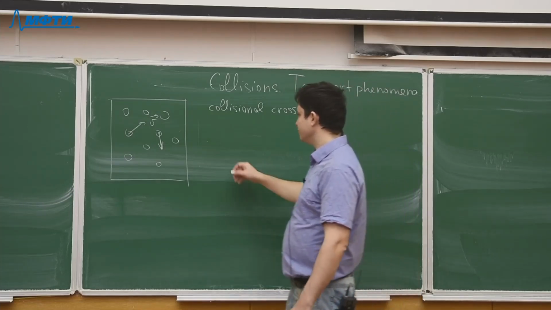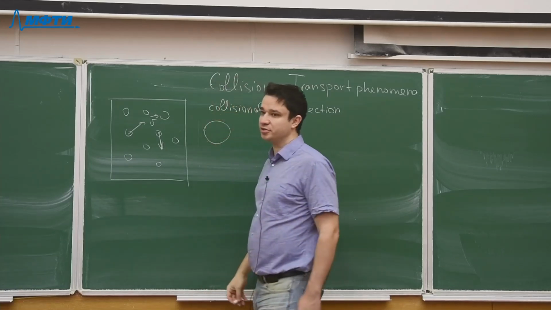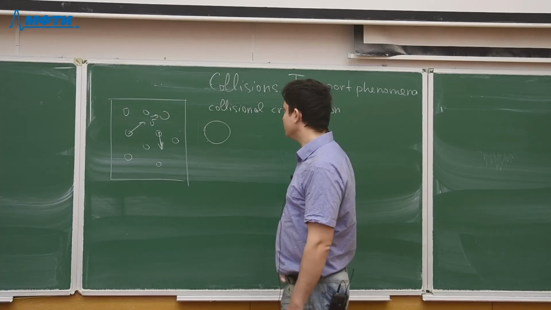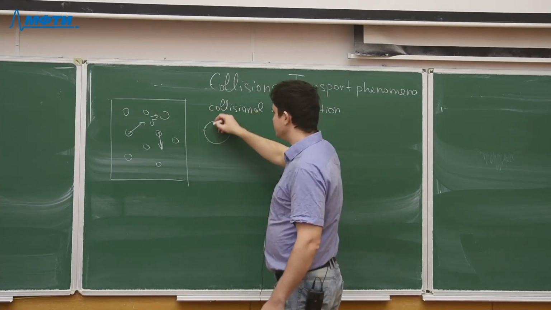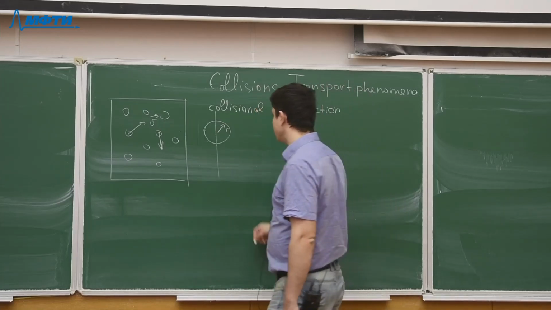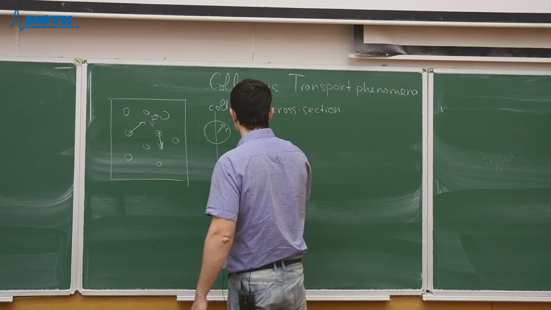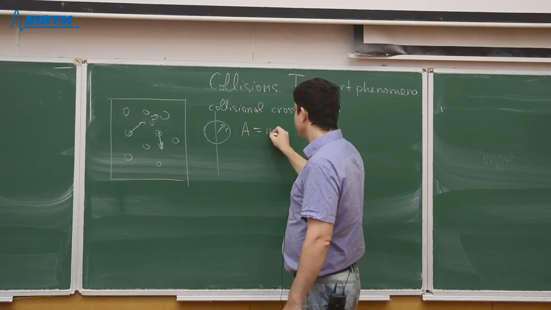Let's say we have a molecule which can be modeled as a solid sphere of some radius r. If I cut this molecule by some plane, I would get a cross-section, and that cross-section area would be equal to the area of the circle of the radius r. That is pi r squared.